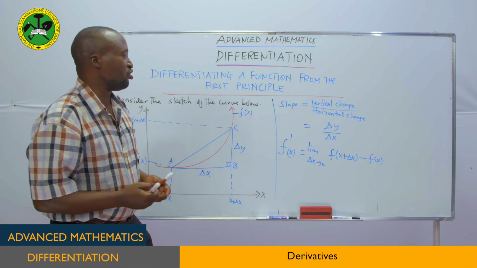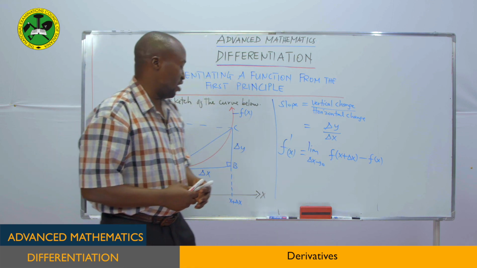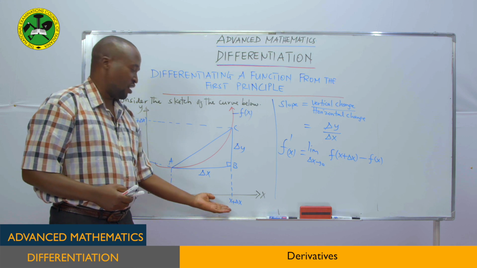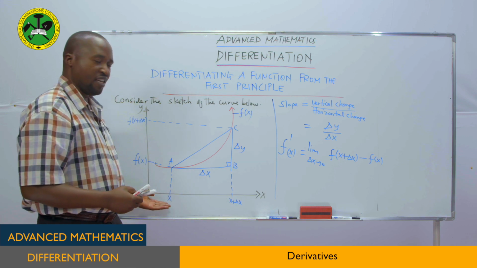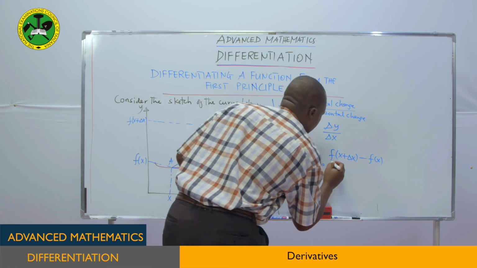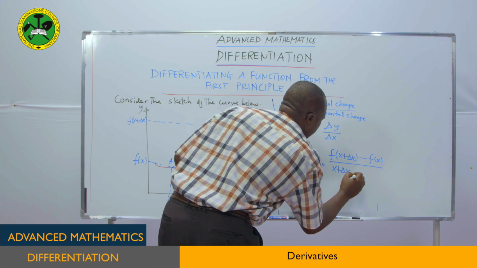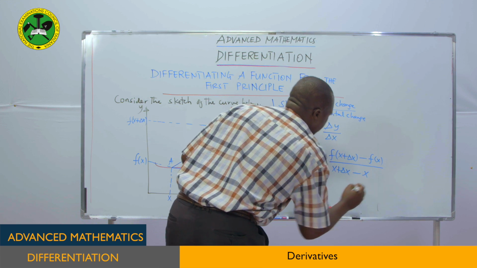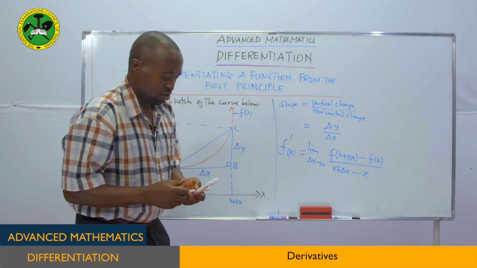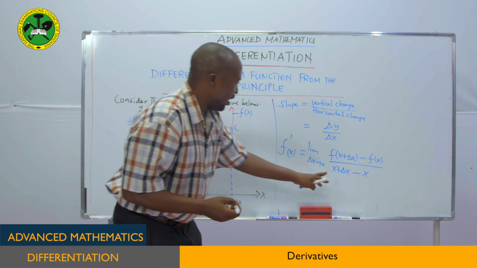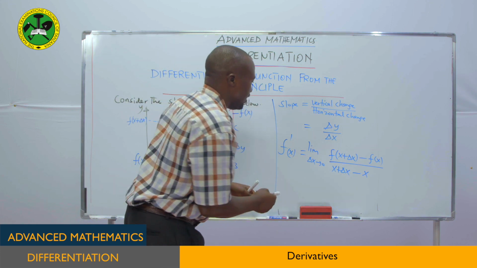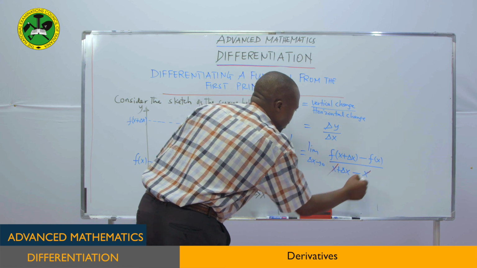For the horizontal change, that is delta x, we are going to have x plus delta x minus x, so this will be over x plus change in x minus x. So in this case, x minus x will be 0.